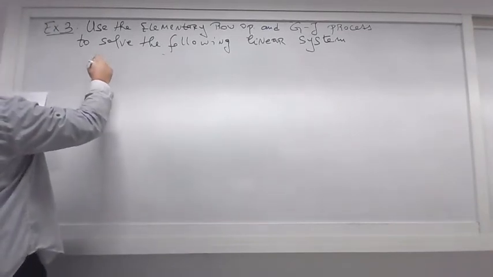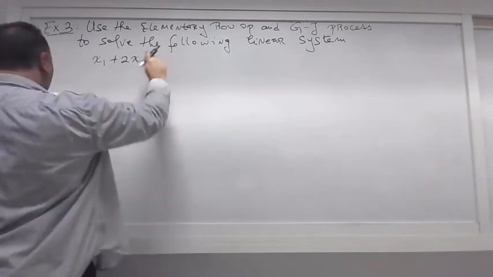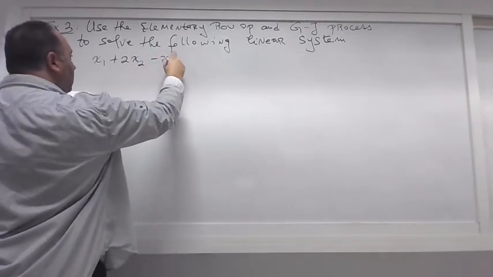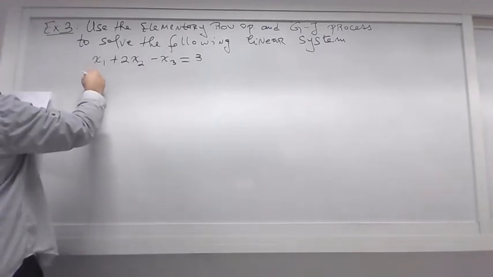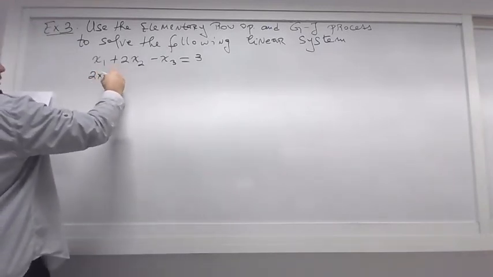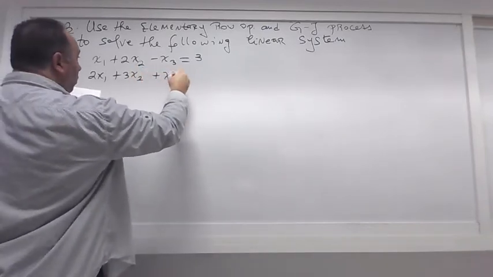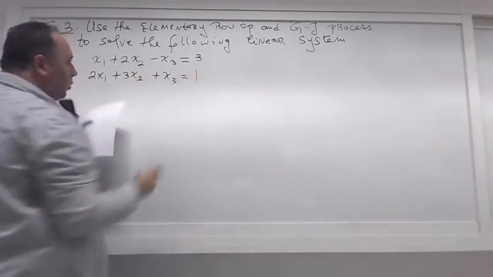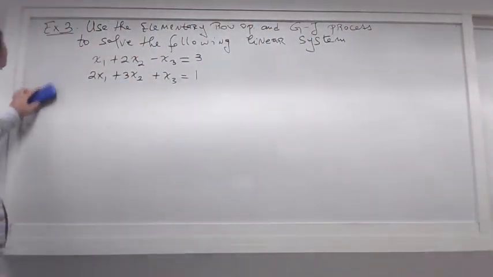So x1 plus 2x2 minus x3 equal to 3, and 2x1 plus 3x2 plus x3 equal to 1. So this system has 2 equations and 3 unknowns.